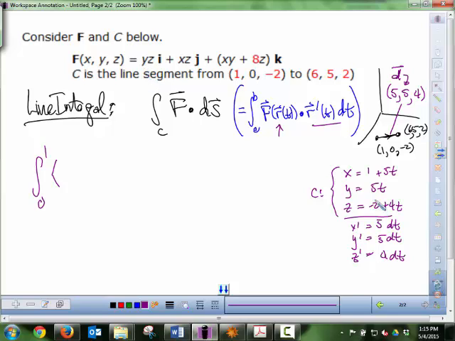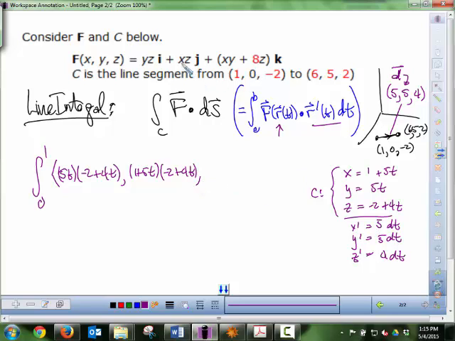So the vector field evaluated at y and z in the I direction, so that's 5t, and z is minus 2 plus 4t. That's the first component of the vector field. The second component is x times z, so that's 1 plus 5t, and then the z is minus 2 plus 4t.